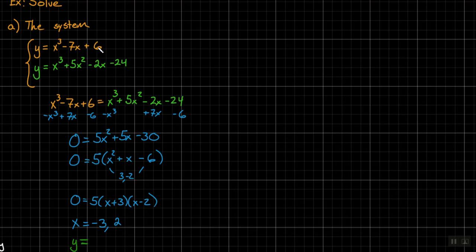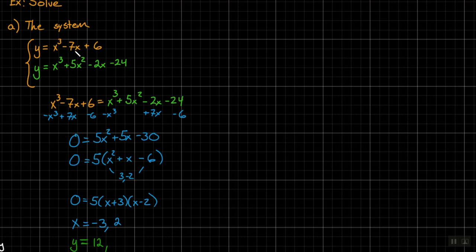So, would you guys rather plug into the orange function or the green function? Good choice. Help me out here. What's negative 3 cubed? Negative 27 minus a negative 21 becomes a plus. So negative 27 plus 21 is negative 6. Plus 6 is 12. If I do the 2, what's 2 cubed?